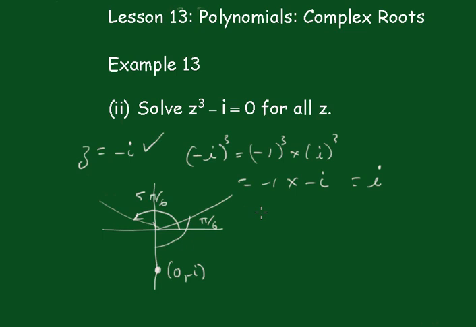So our solutions are z1 equal to cis of minus pi upon 2, z2 is cis of pi upon 6, and z3 equals cis of 5 pi upon 6. And I'll leave you to convert that to the Cartesian form if you want to, but those are the correct solutions in the polar form.